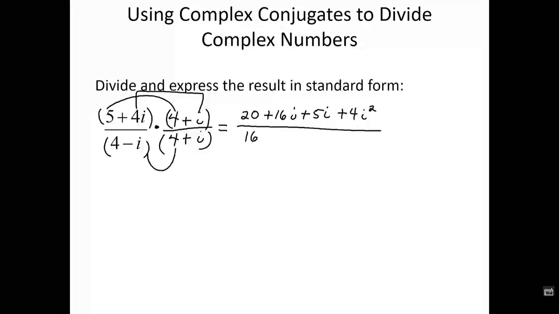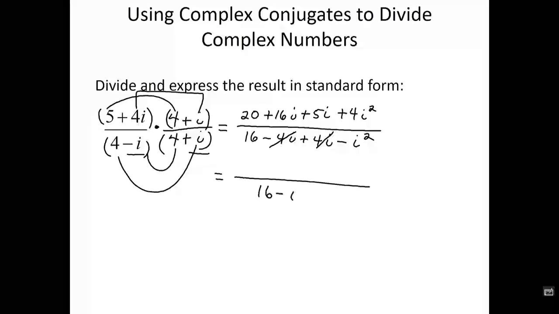So we have a negative 4i, a positive 4i, and a negative i times i is a negative i squared. And as we see here, a negative 4i with a positive 4i cancels. So we have 16 minus i squared in the denominator.